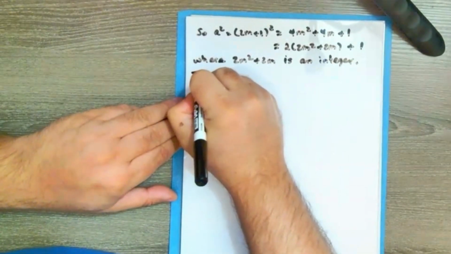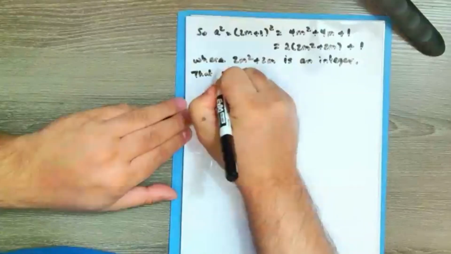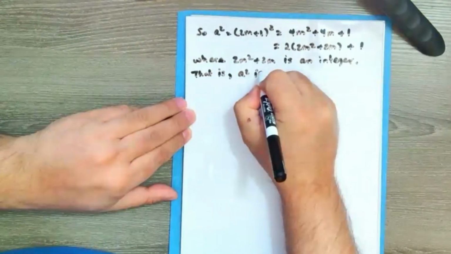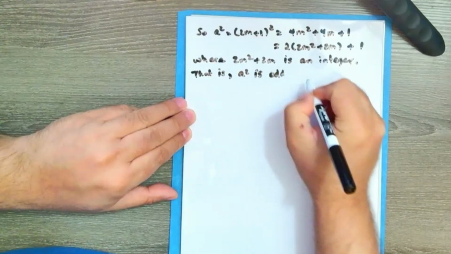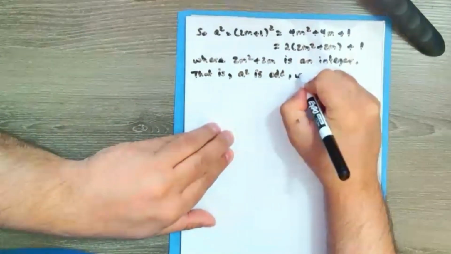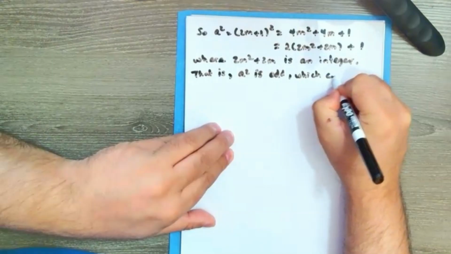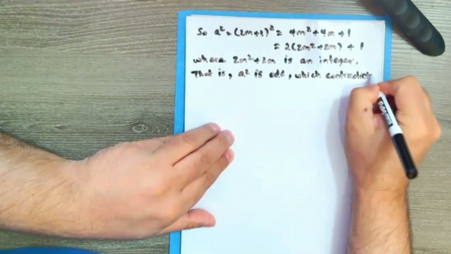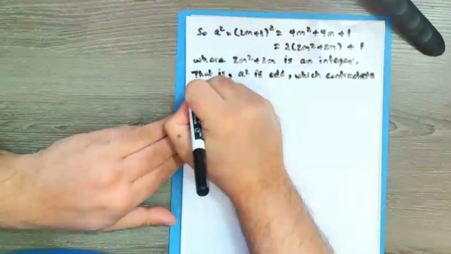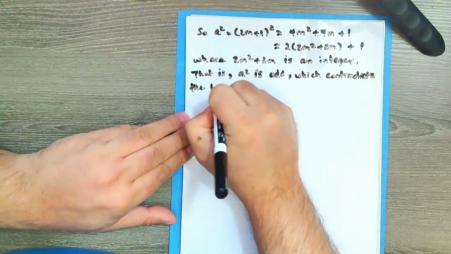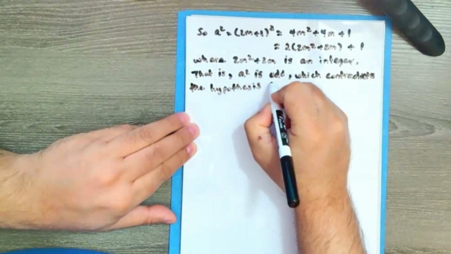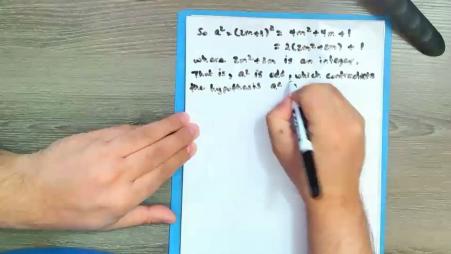That is, a squared is odd, which contradicts the hypothesis that a squared is even.